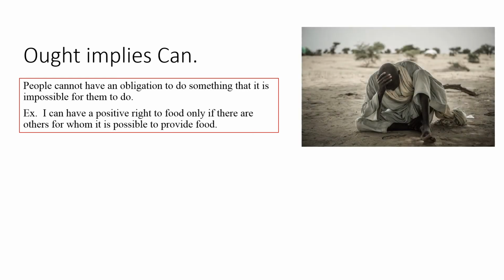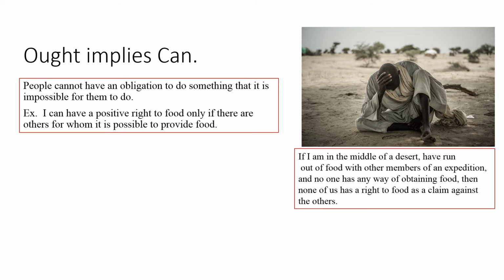Here, an example would be if I am in the middle of a desert, I can have a positive right to food. What again is the positive right? The right to the duty of others to give me food if I am hungry. However, in this case, I cannot demand my positive right if, for example, I am in the middle of a desert, and I have run out of food with the other members of an expedition which has crashed.